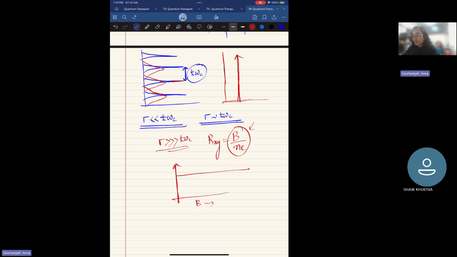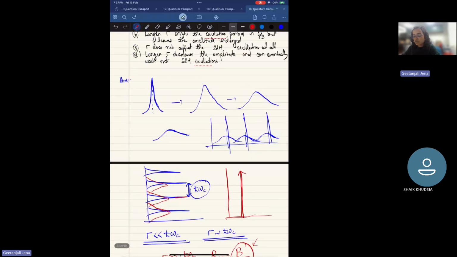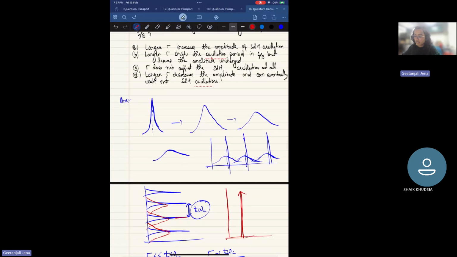So that is why we say that whenever we want to see the quantum Hall effect, this broadening that happens because of any disorder, or because of an increase in temperature, or because of any scattering, should be less than the time which is required for one cyclotron motion.